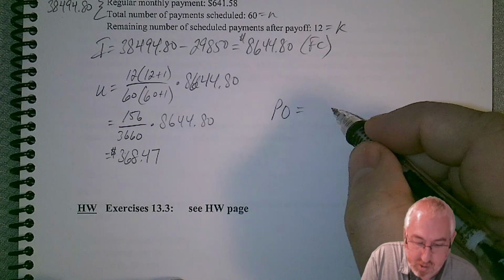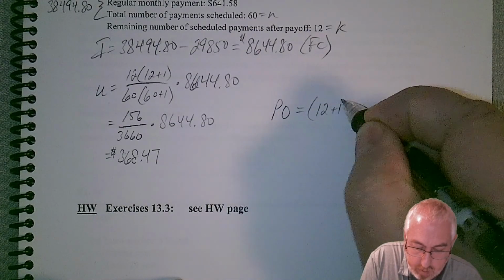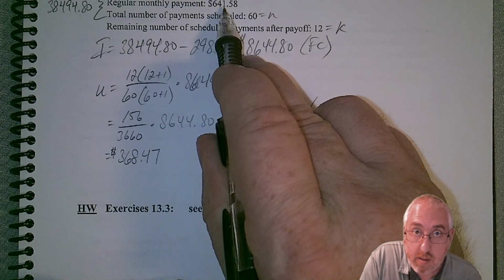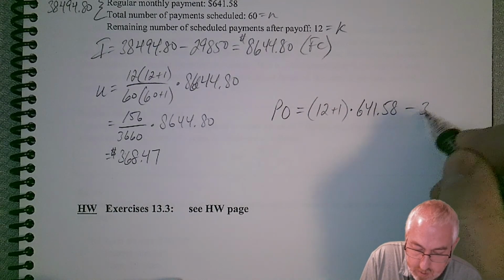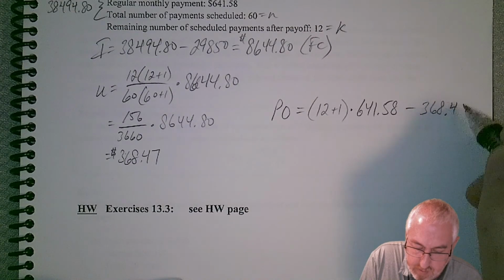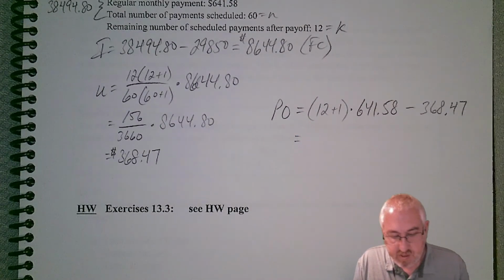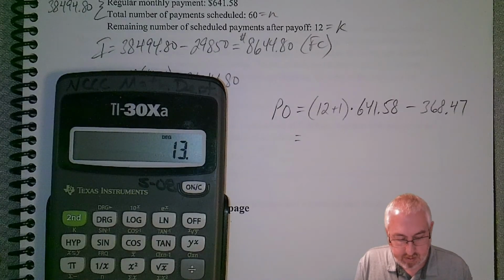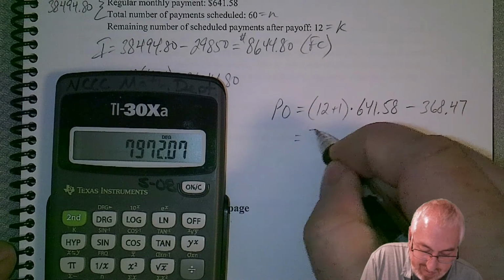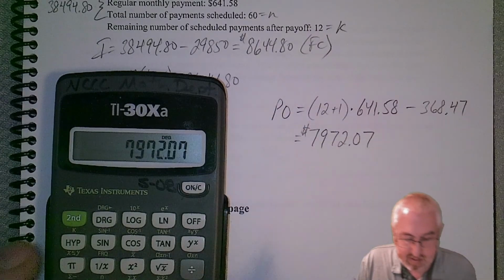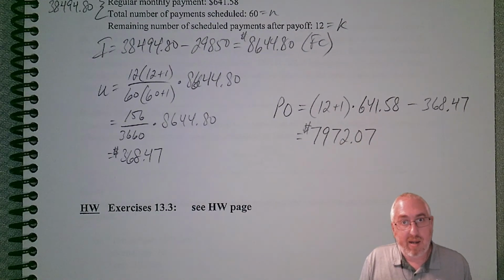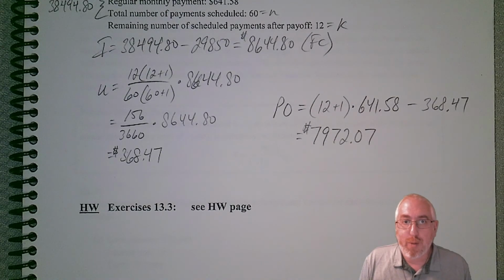So we need K plus 1, so 12 plus 1 times R. So 13 times 641.58 and then minus 368.47. $7,972.07.